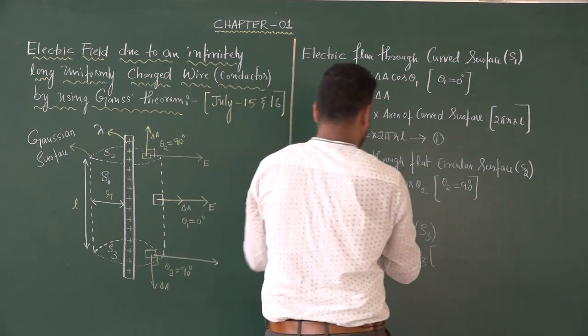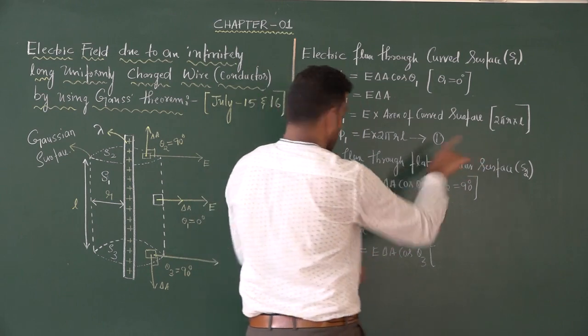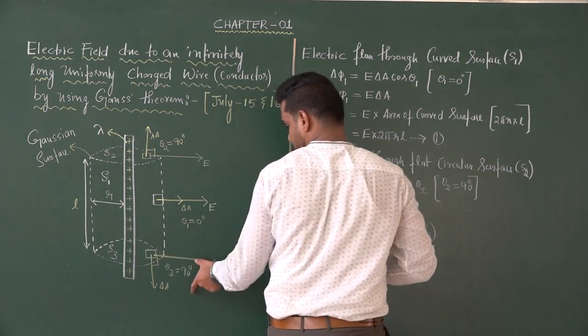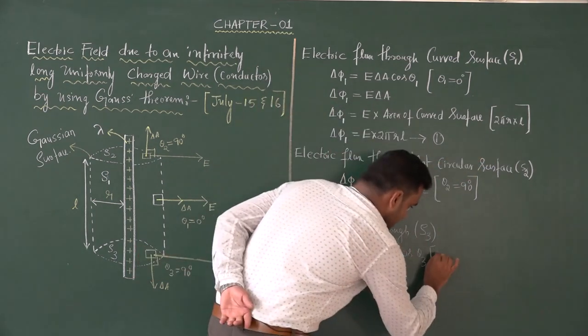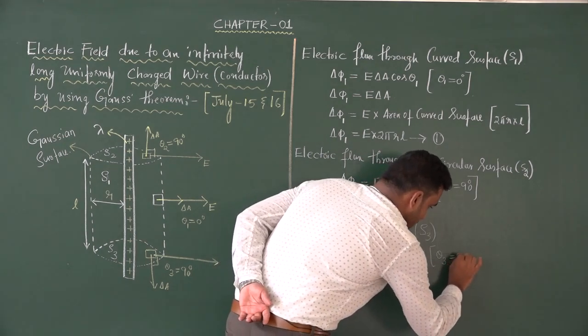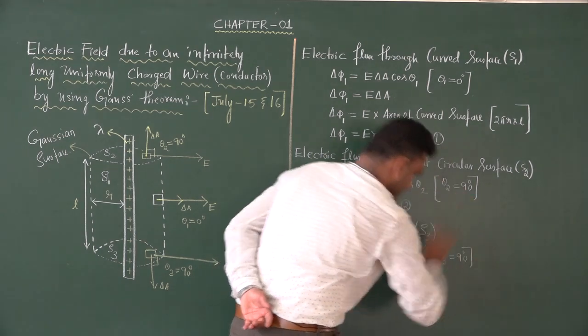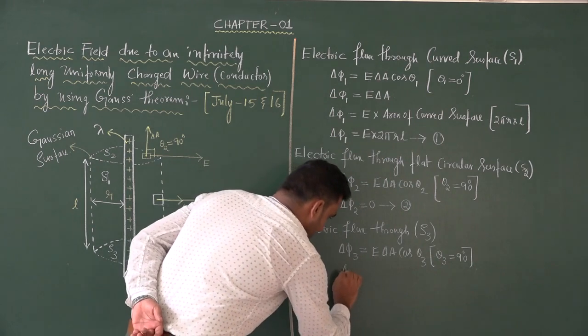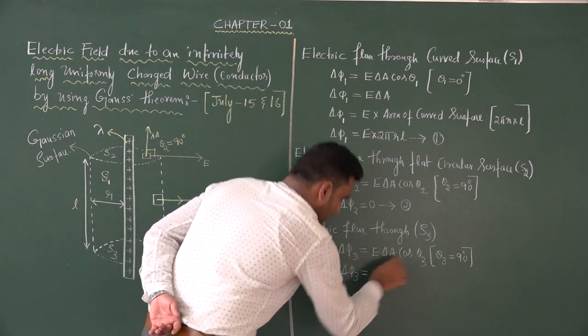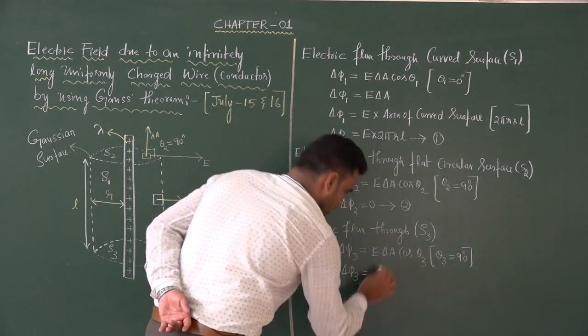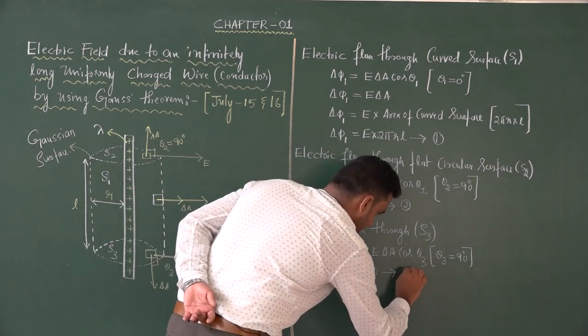Look at the electric flux through flat circular surface S3. What is theta 3? 90 degree. So theta 3 is equal to 90 degree. Then delta phi 3 is equal to, cos 90 is 0. So 0 into anything is 0. So we got equation number 3.